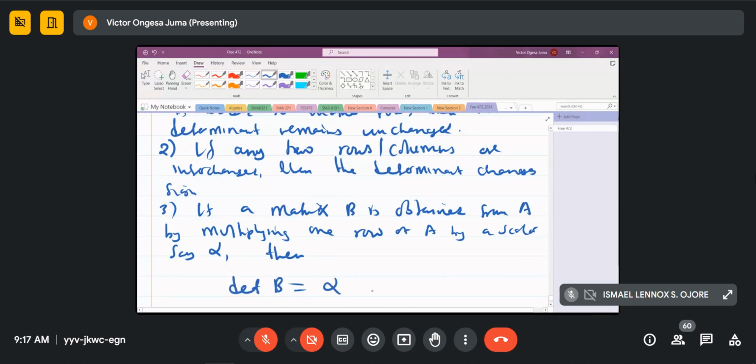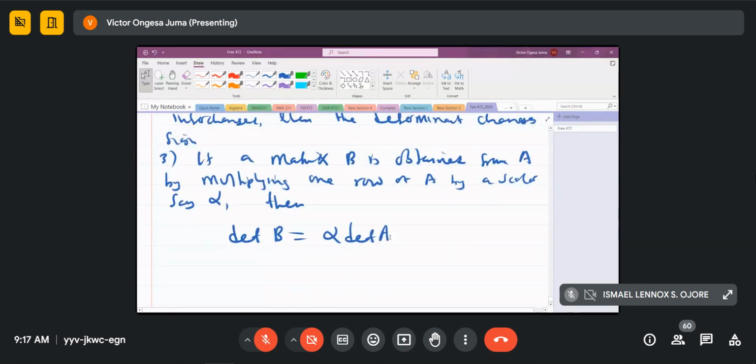Alpha times the determinant of A. So if you multiply either a row or a column by a number, then that number will multiply the determinant.